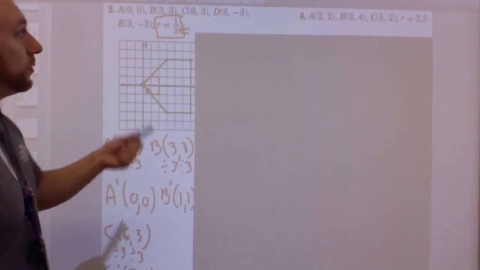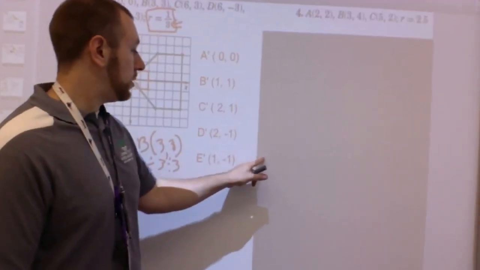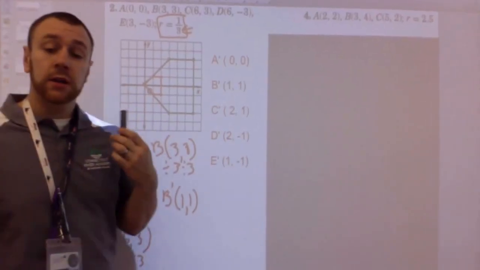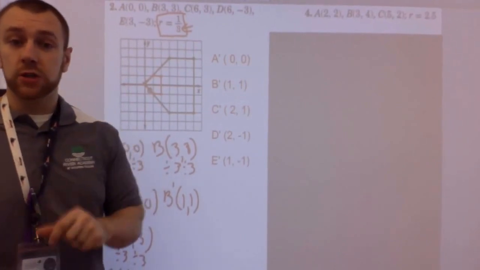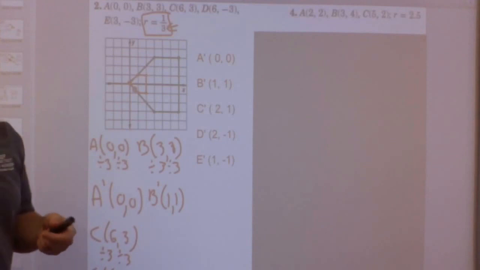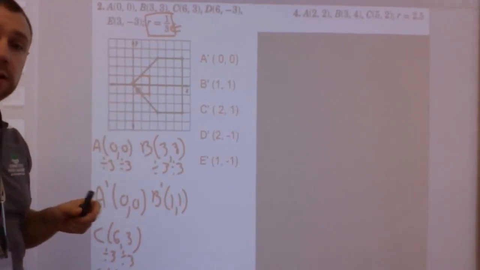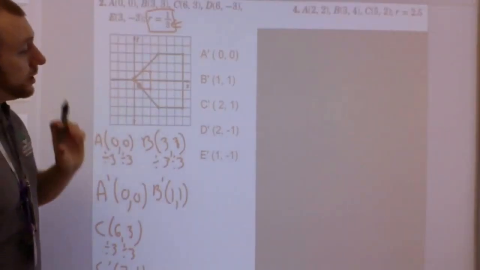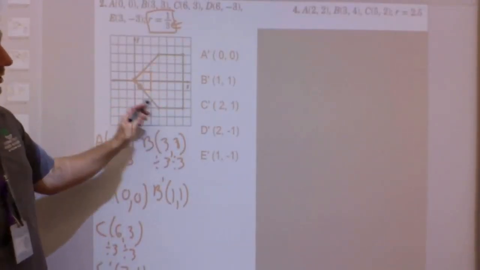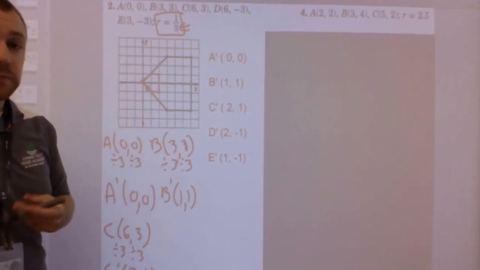And I would just continue doing this until I generate this list. Again, when you're given a fraction, I can just divide by that denominator, and I create that new figure, and it's a reduction. Now, you might not see there is a green figure and an orange figure inside here.